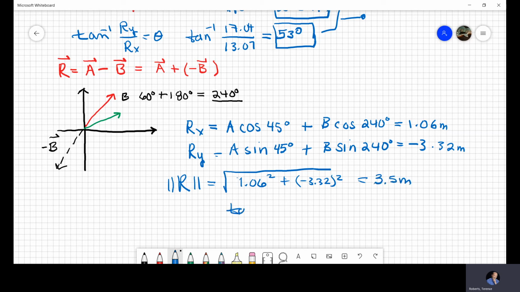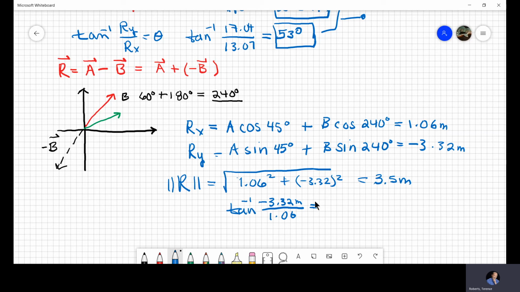And what about the angle? We have -3.32 meters divided by the x, 1.06. And so this is going to give us some crazy answer.